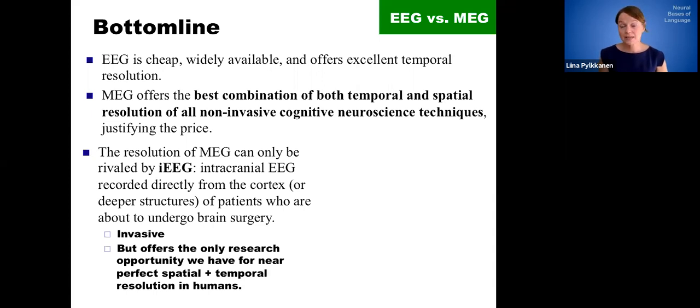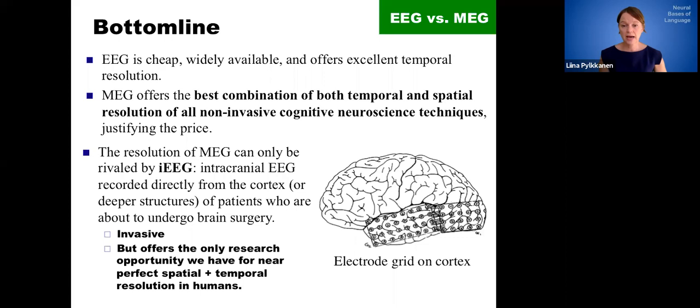There is one technique that's used with humans that rivals the resolution of MEG, and that is intracranial EEG. This is not like the techniques that we've talked about in this module because it is invasive. It's a technique that's only available in a clinical setting with patients that are being prepared for brain surgery. Those patients will commonly have electrodes directly on their cortex that are used to plan the surgery better.